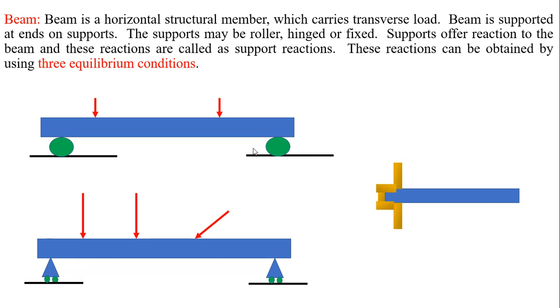This is so because a beam subjected to transverse load and supported by means of supports is a non-concurrent force system, and in a non-concurrent force system, three conditions of equilibrium are to be satisfied.